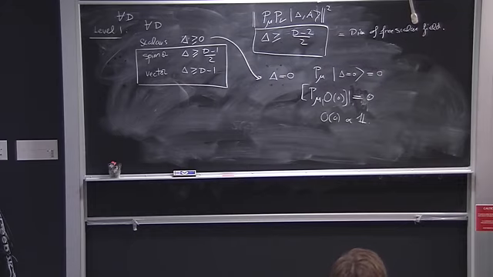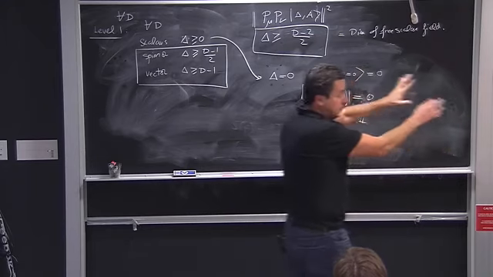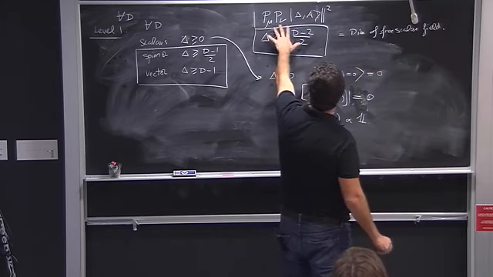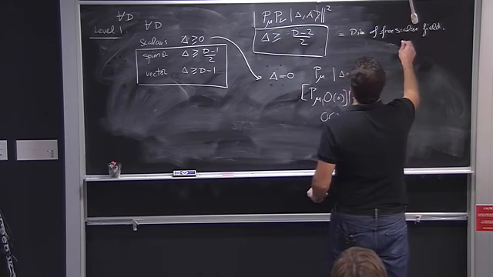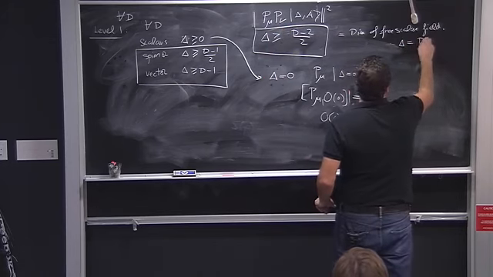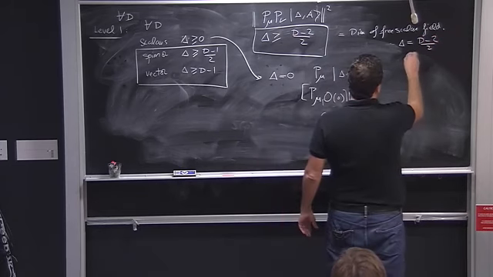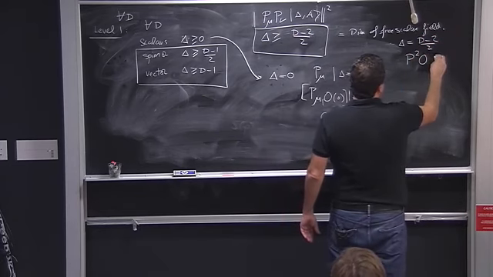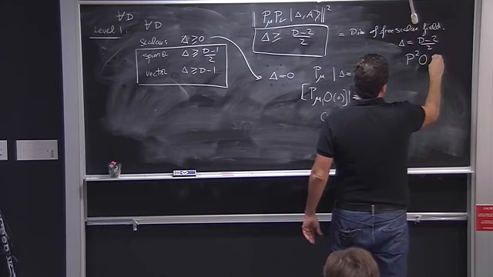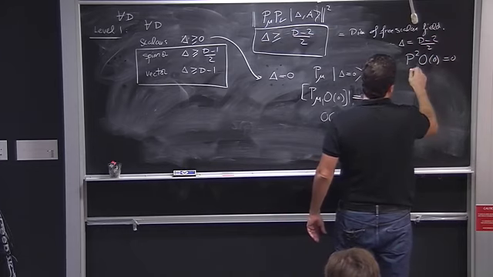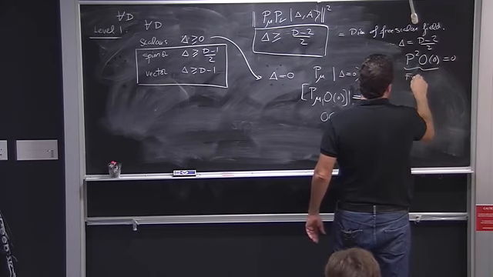Then you have to impose that 0 as an operator equation. Since this came at level 2, the operator that has dimension (d minus 2) over 2 must obey this equation, which is nothing but the free wave equation.